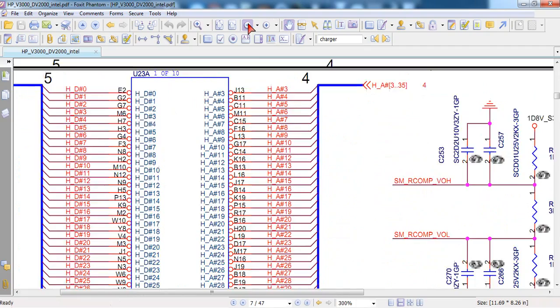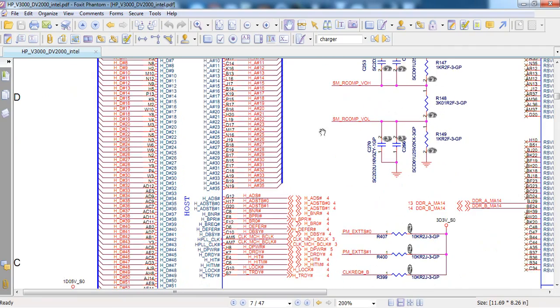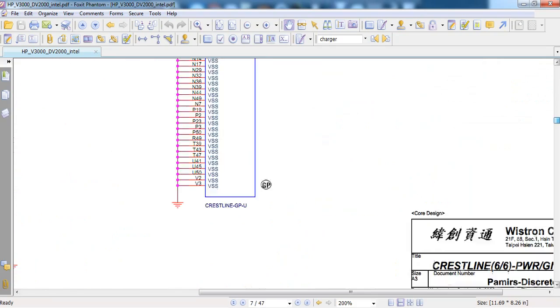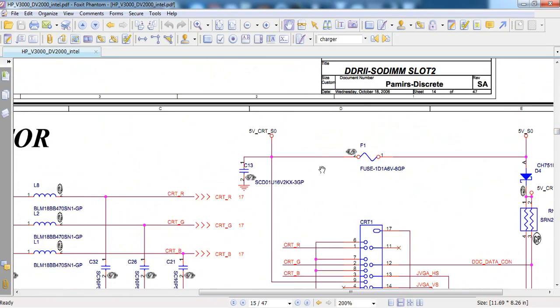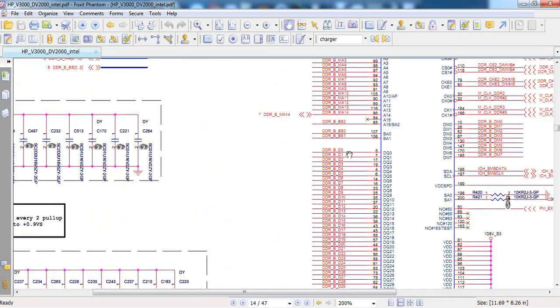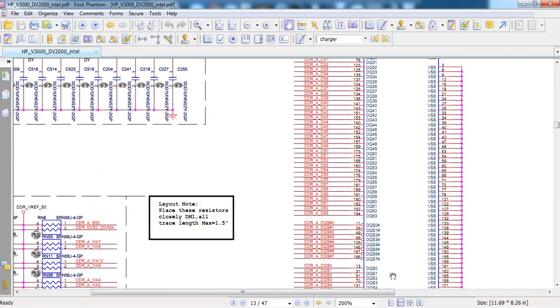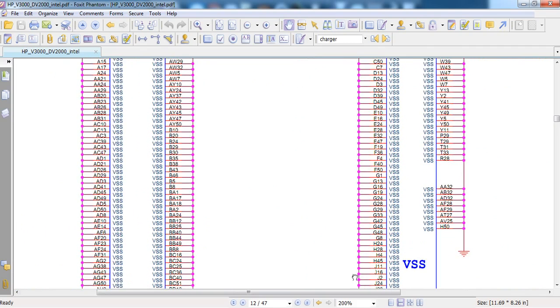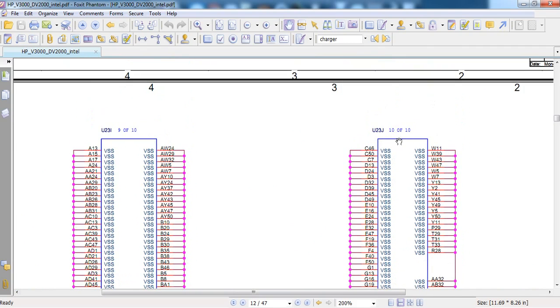So this is 1 of 10, 2 of 10, and the final page contains 10 of 10. All these pages contain the complete details about the GMCH. This is 10 of 10, U23J, A, B, C, D to J.